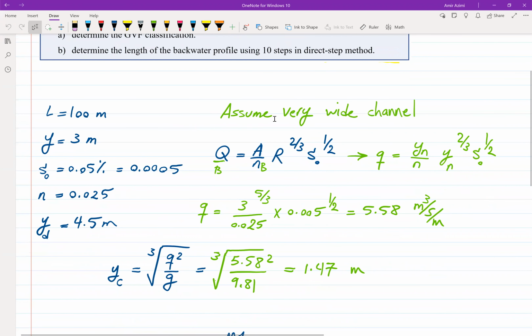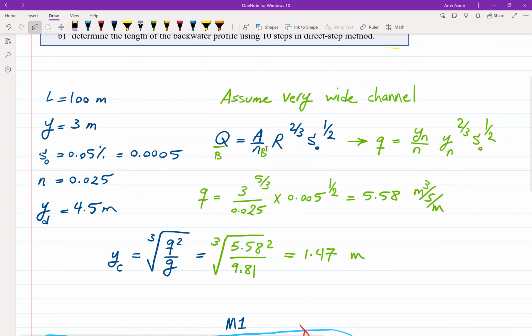So with a very wide channel, then we can write Manning's equation and divide the discharge by the channel width. Discharge per unit width will be area, which is now already divided by the width, becomes only the depth.